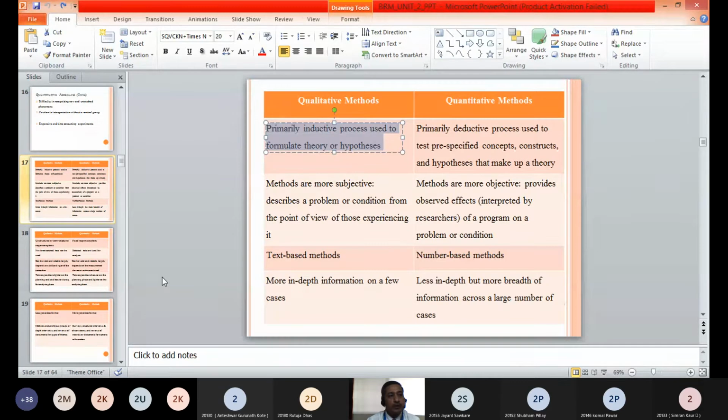We try to get more and more information about that particular problem, all the details and different aspects related to it, so as to understand that problem or situation in a better way, and to formulate a particular theory based on that, or to formulate certain hypotheses or assumptions based on which we can conduct further research. This type of process we call an inductive process, which comes in qualitative method.